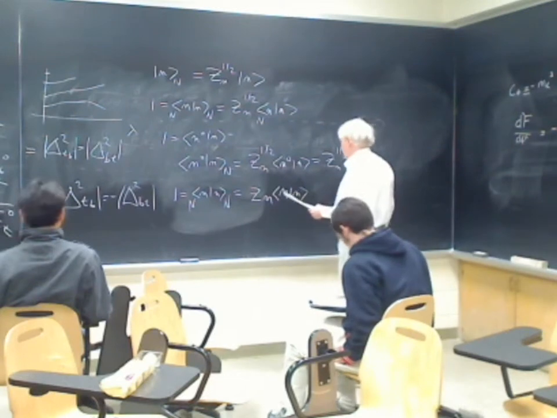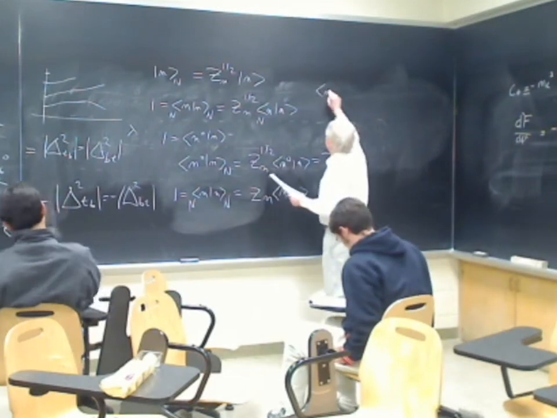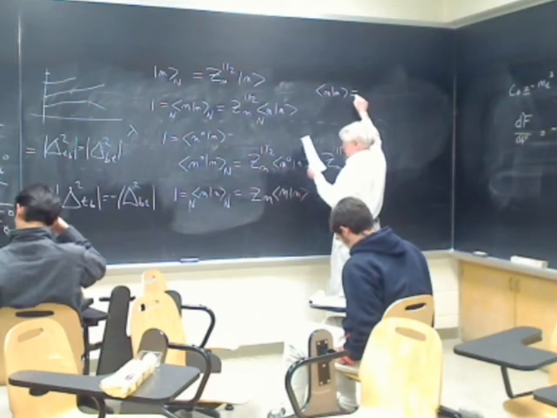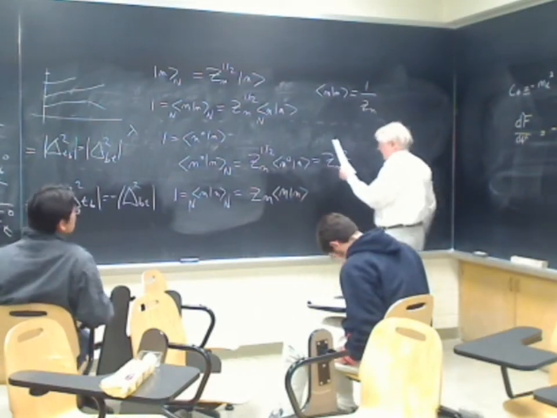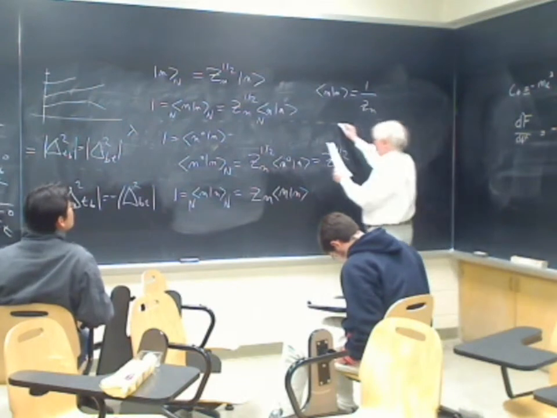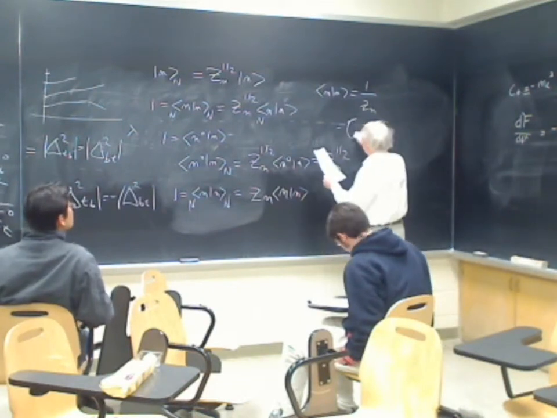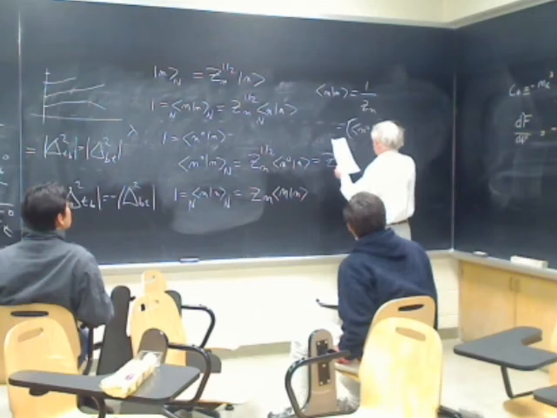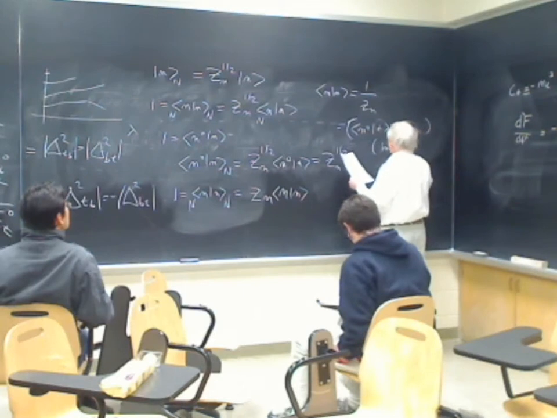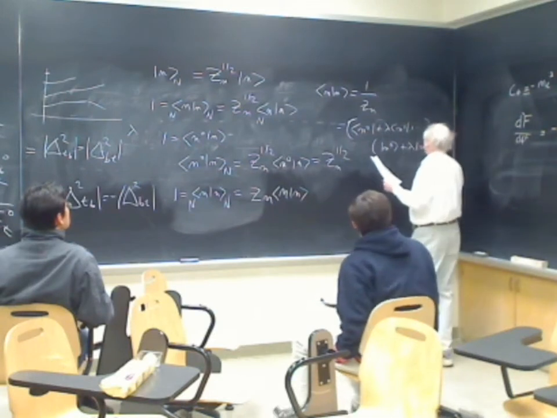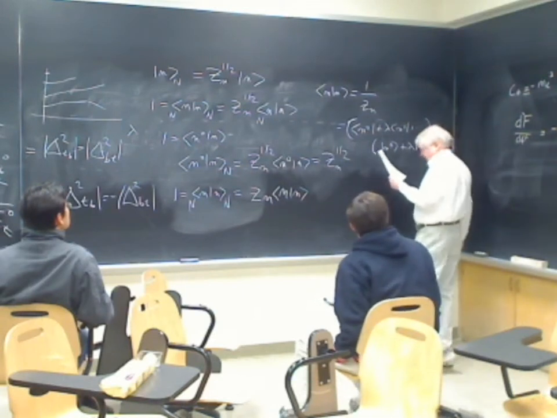And so that tells us that (n|n) is 1 over Z_n. And what is this |n)? Well, it's going to be something like n0 plus lambda n1 plus dot dot dot, on n0 plus lambda n1 plus dot dot dot.